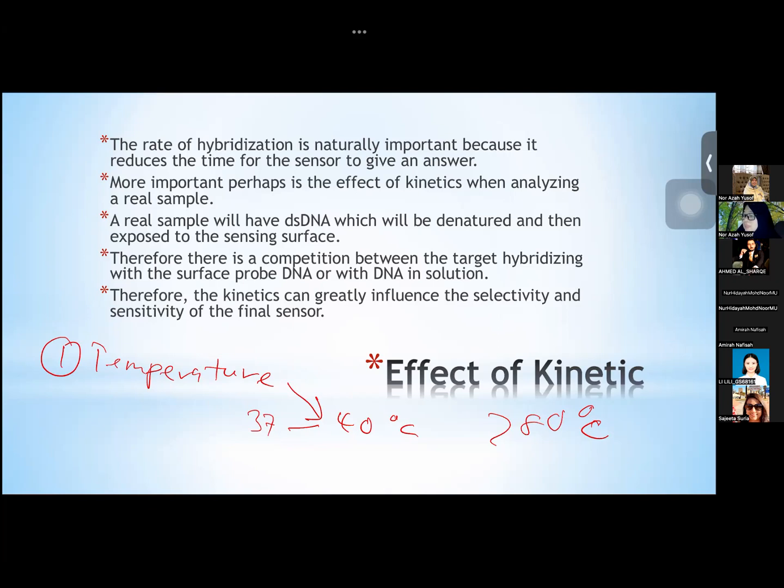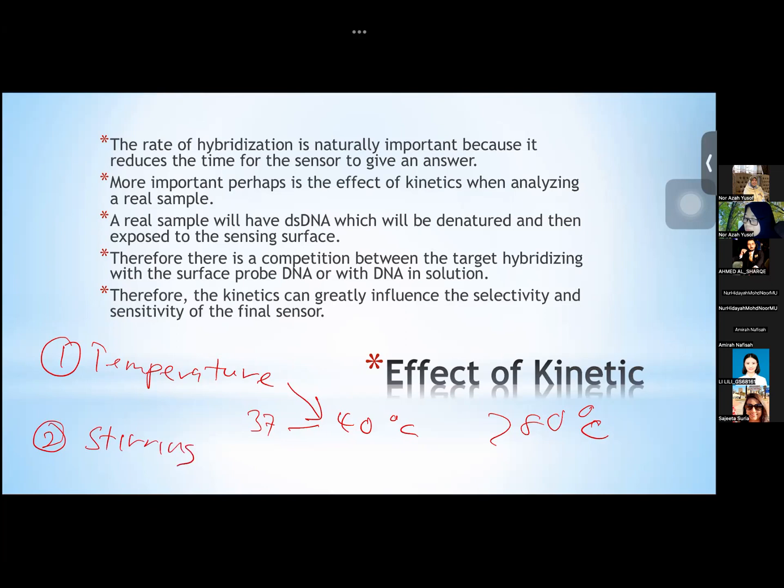So this is easy to understand because the word kinetics is something that you learn from your undergraduate studies. Another one, kinetics can also be controlled through stirring.